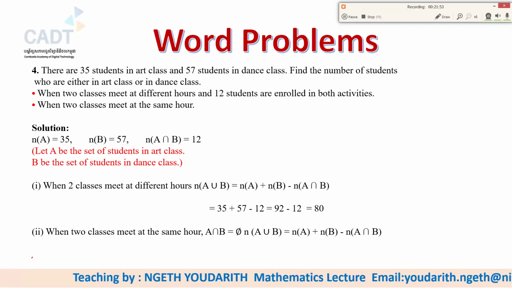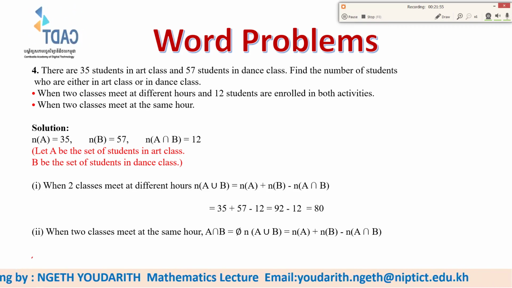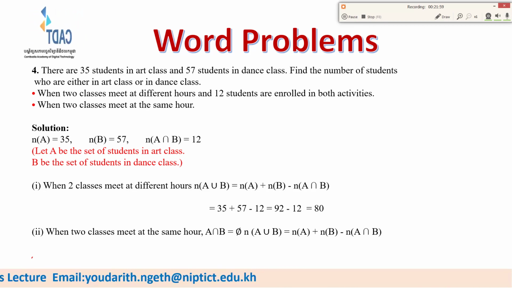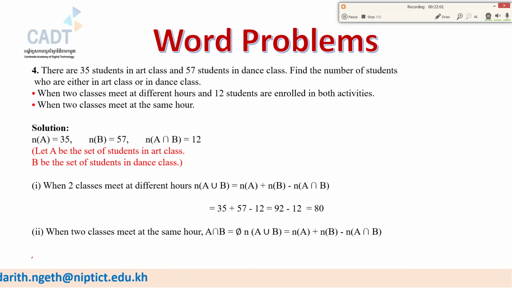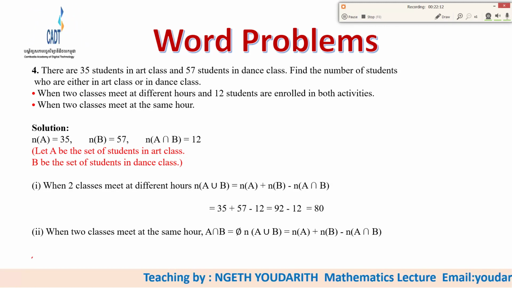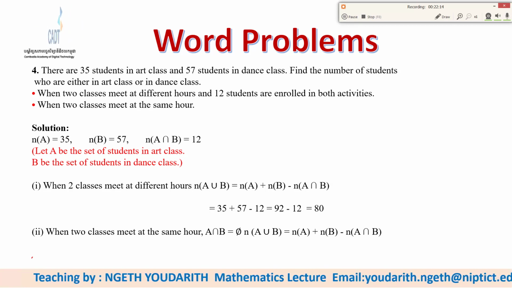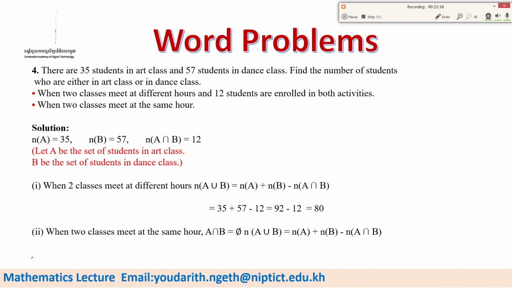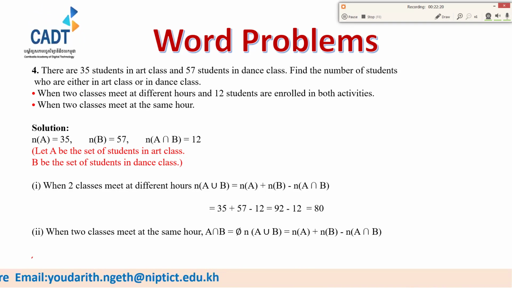It means that they start from 7 and start from 7, start from 8 is start from 8, and at 9 is the same hour. So we got N(A intersection B) is equal to the empty set, because these are disjoint classes. We cannot join our class with other students.